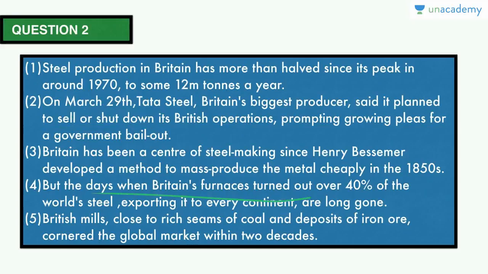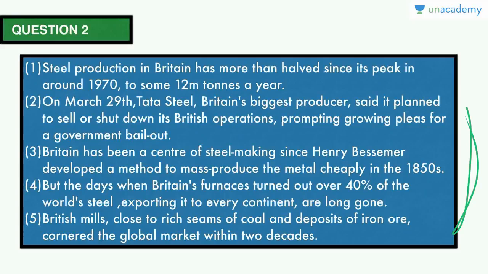But the days when British furnaces turned out over 40% of the world's steel, exporting it to every continent, are long gone. And then you talk about what has happened recently, because that is why you would actually write it. Remember what I said initially, that just think why you would actually write a paragraph.